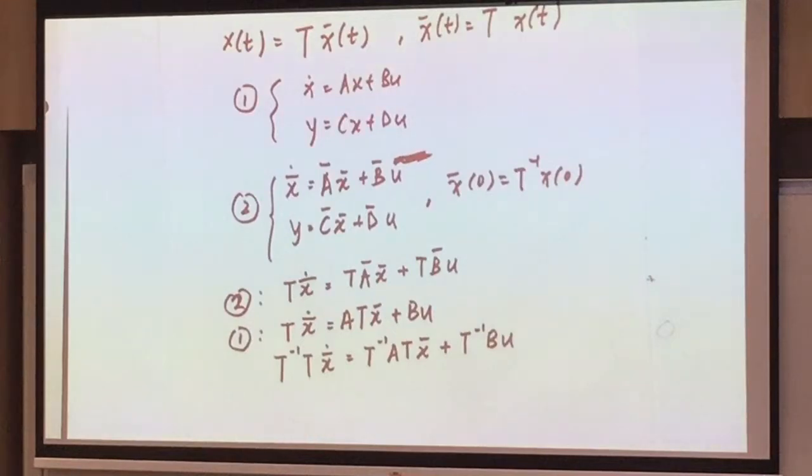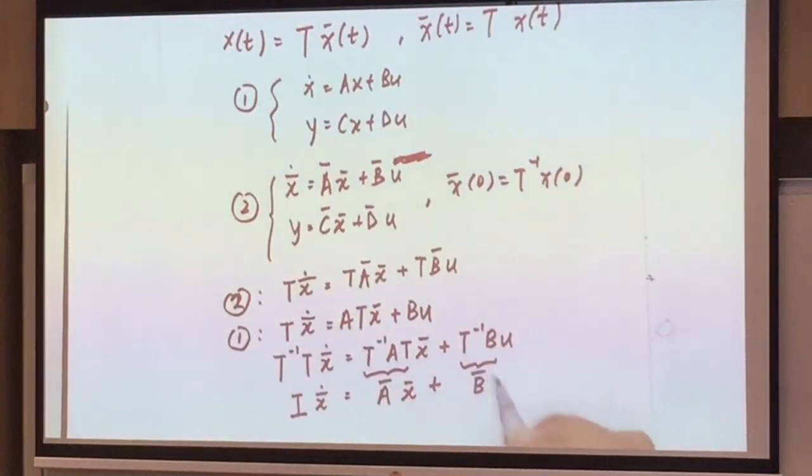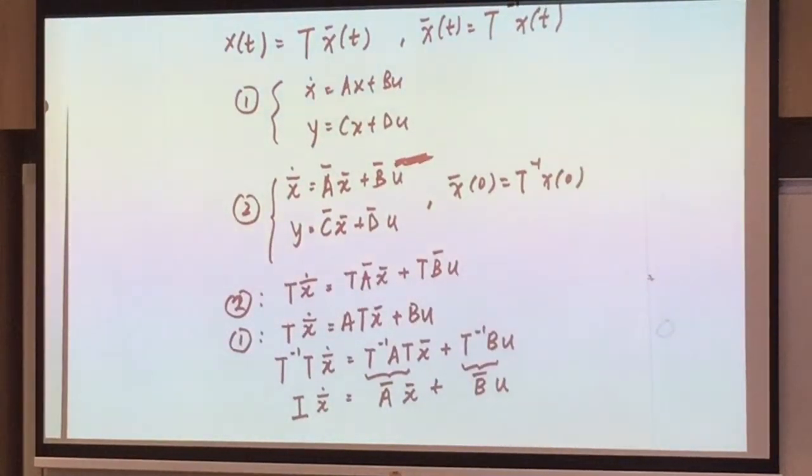T inverse T is your identity matrix I. I times x bar dot is just x bar dot, so we can just remove this.